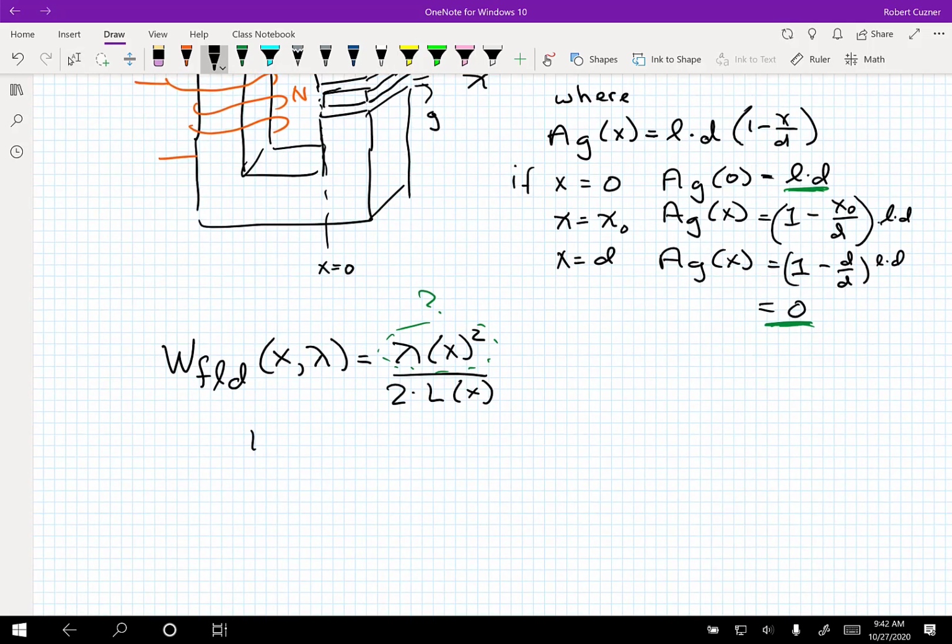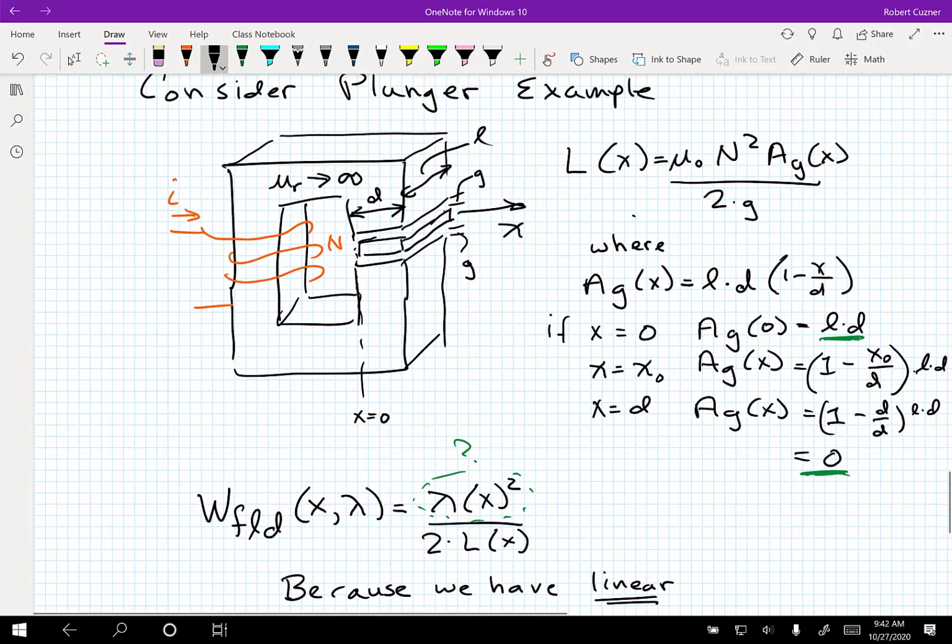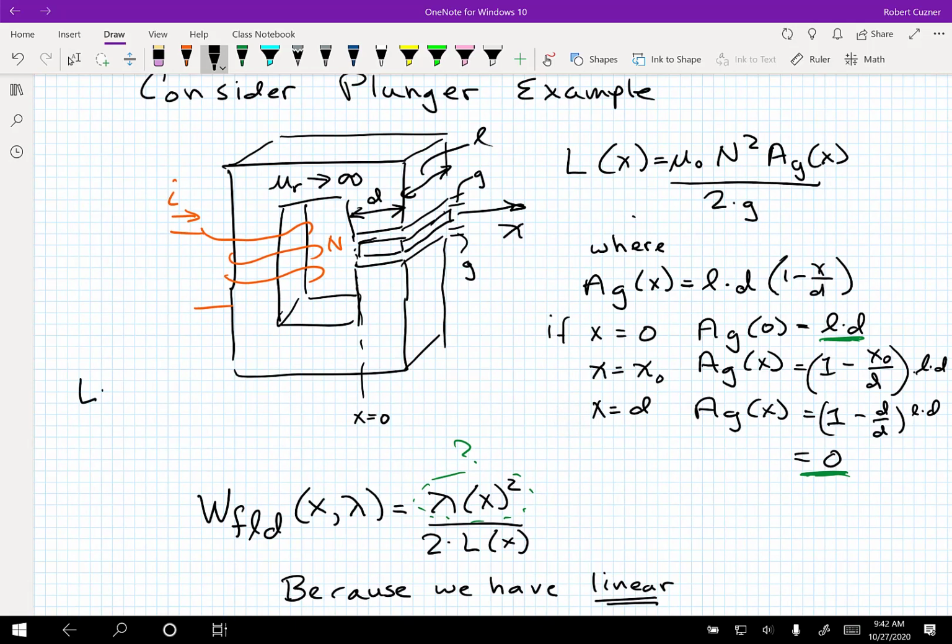Because we have a linear system, I want to make one thing clear. When I say linear, I said there's linear that we refer to, which is movement in one direction. That's not the kind of linear we're talking about.